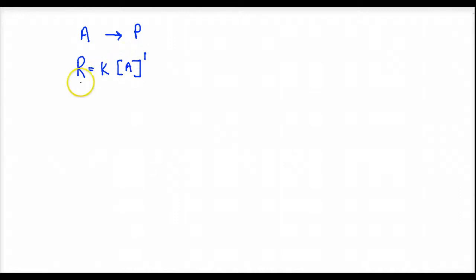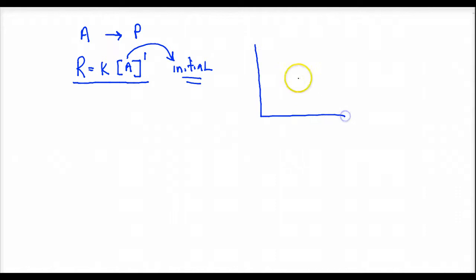Now, understand that the rate equation only tells me something about the initial conditions. So really all it tells me, the rate, which is how fast I'm making the products or how fast the reactants are disappearing, is only based on the initial condition.